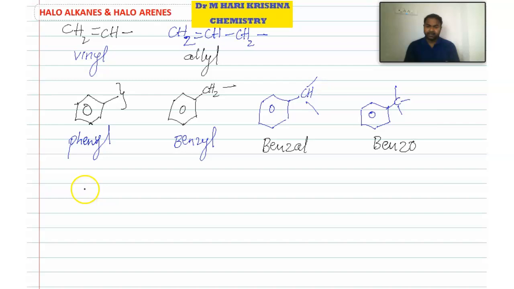In aromatic compounds, suppose two halogens are there in the 1,2 position.